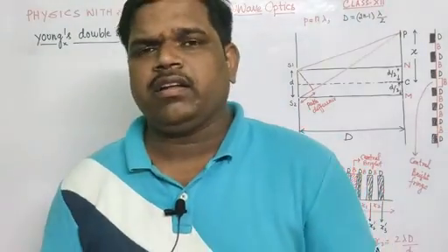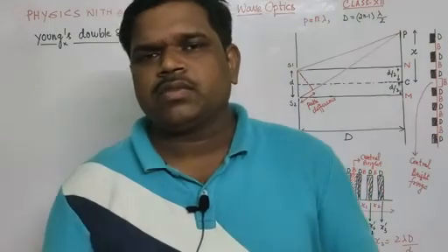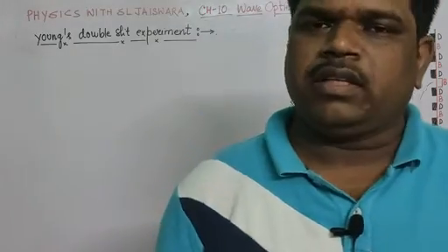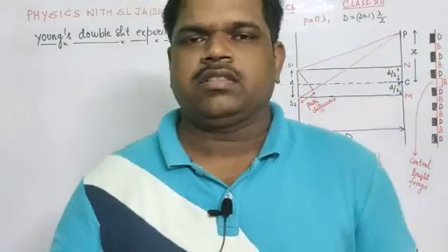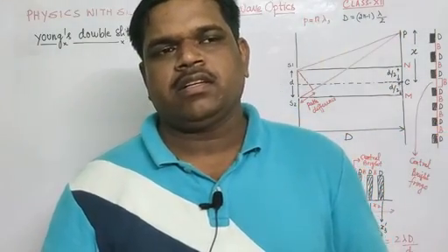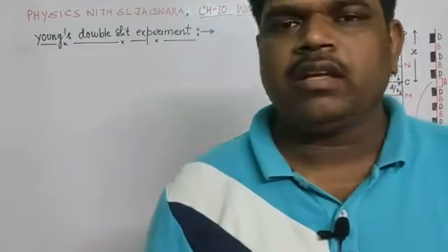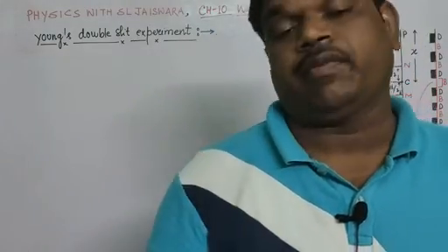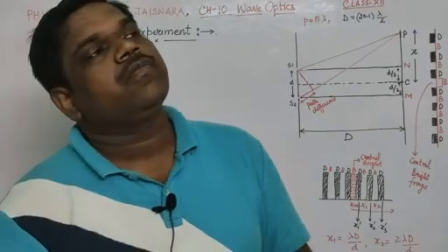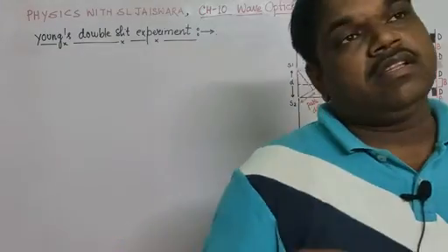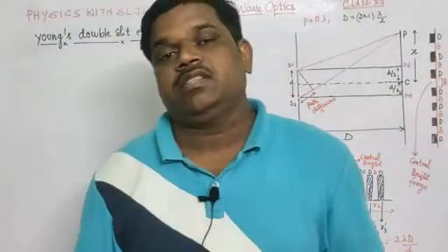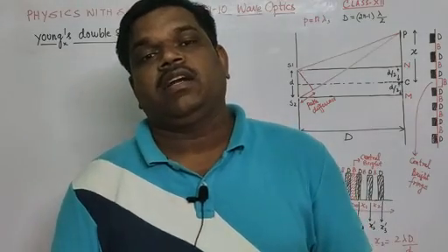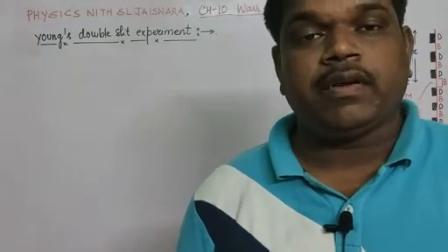On the other hand, when there is destructive interference, the fringes we get will be dark fringes. In case of dark fringes, what will be the condition for path difference?